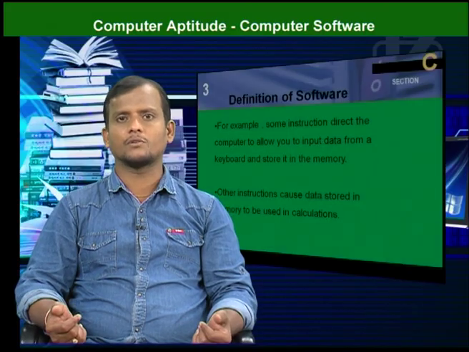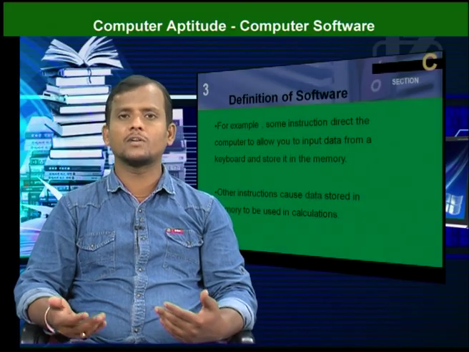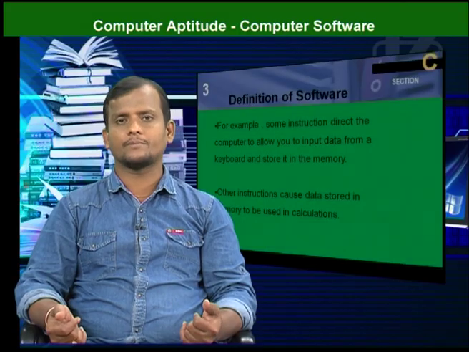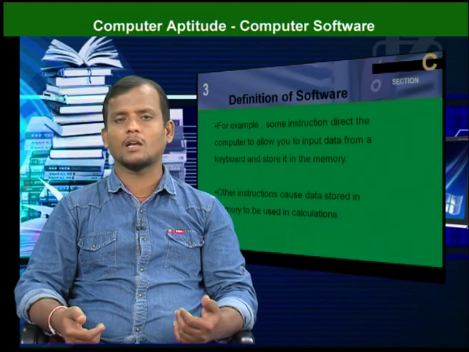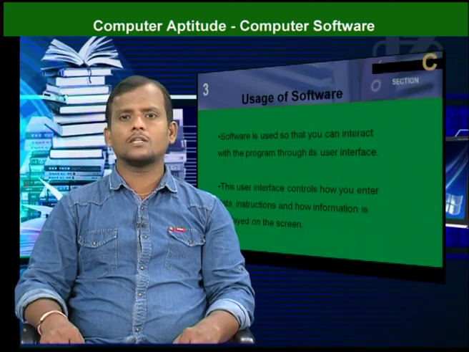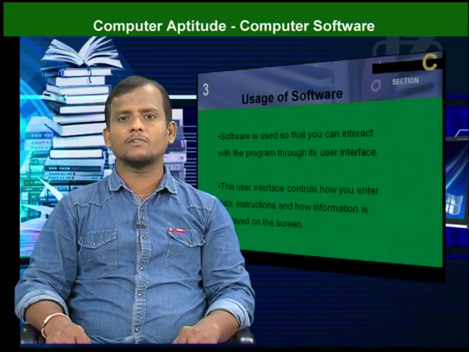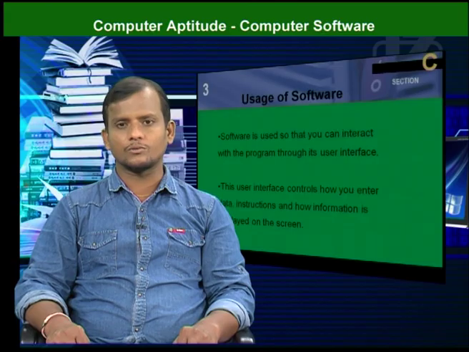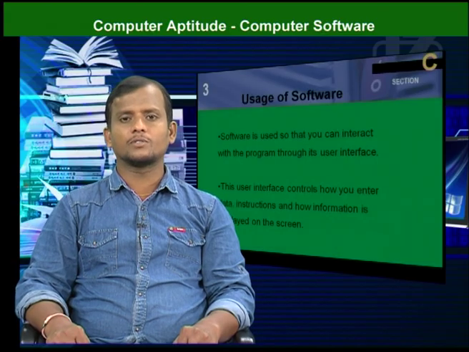As the software can do. So how is it happening with the help of the software? Software is used so that you can interact with the program through its user interface. The user interface controls how you enter data and instructions, and how information is displayed on the screen.